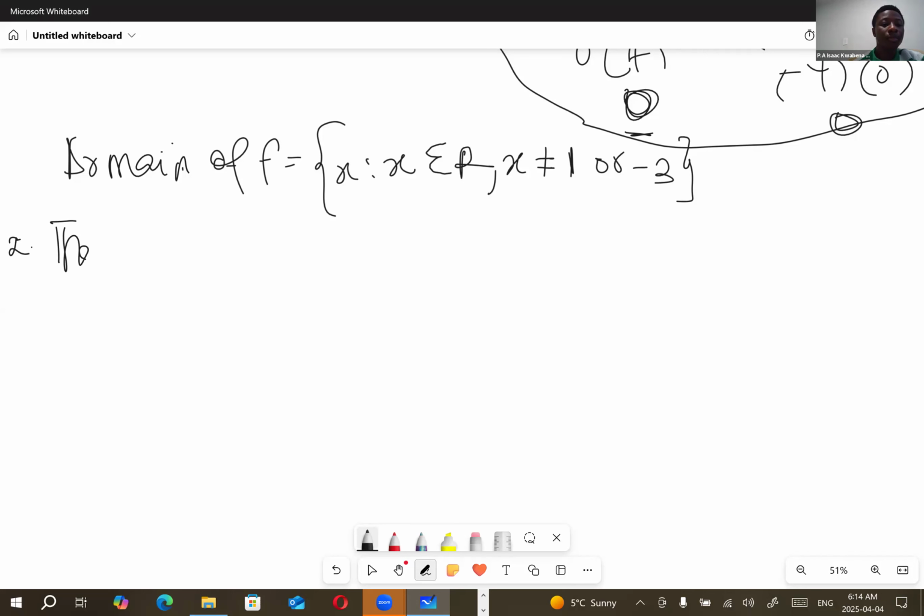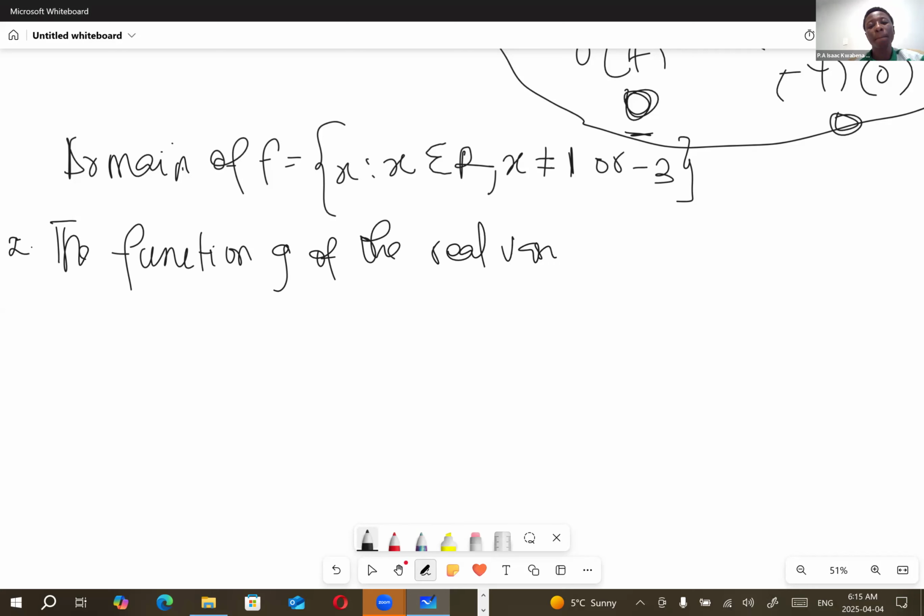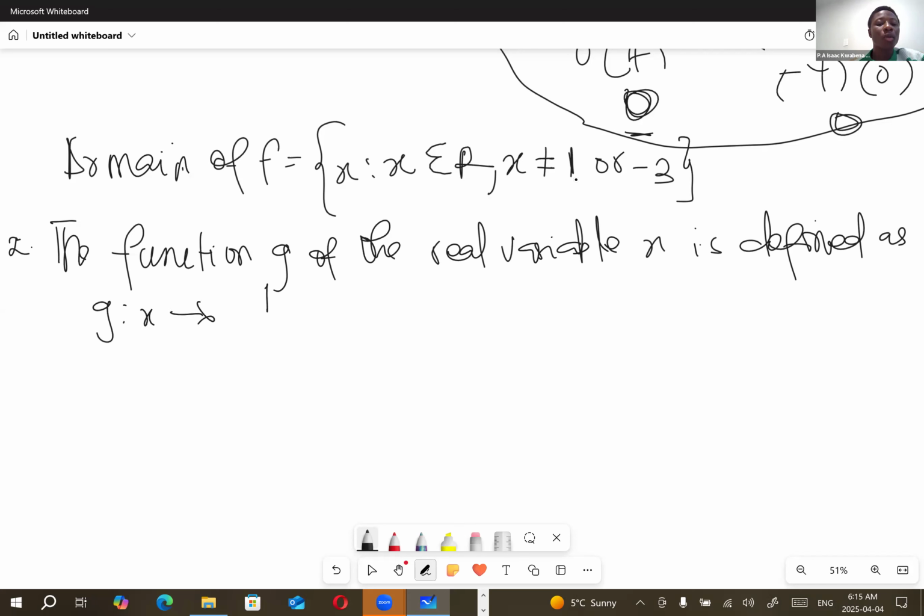The function g of the real variable x is defined as g of x equals 1 over x plus 3. State the largest possible domain.